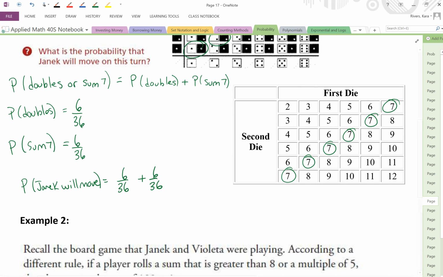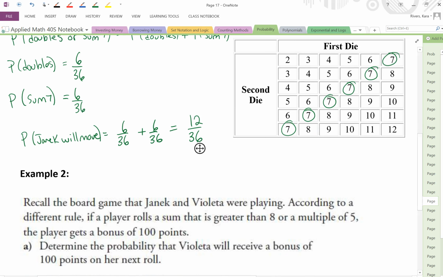The common denominator is always already there, so that's 12 out of 36. And you can reduce that if you want to 1 over 3, but you can leave it like that. So the probability that Yannick will move is equal to the probability of getting doubles or a sum of 7.